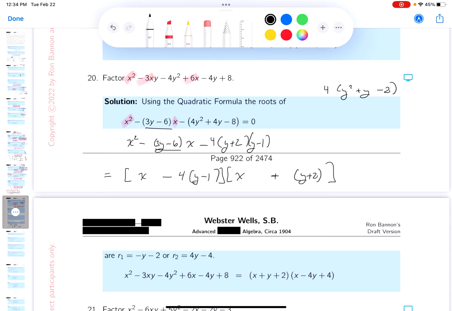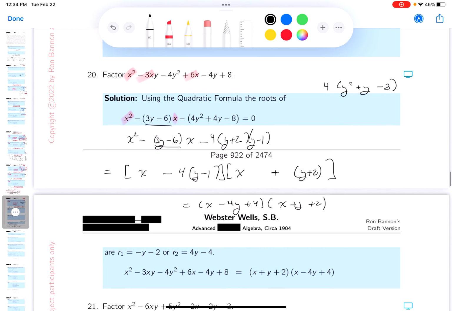Plus 4 plus 2 is 6. This is it. All right, so let's write this down then. This is going to be x minus 4y plus 4, x plus y plus 2. All right, that's my answer.